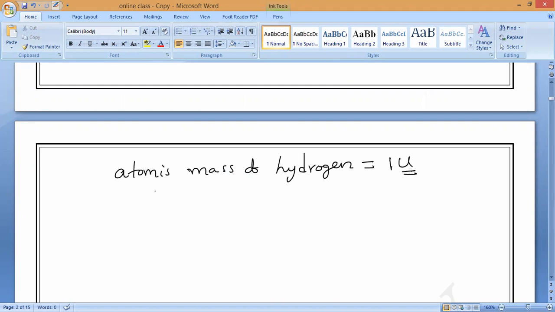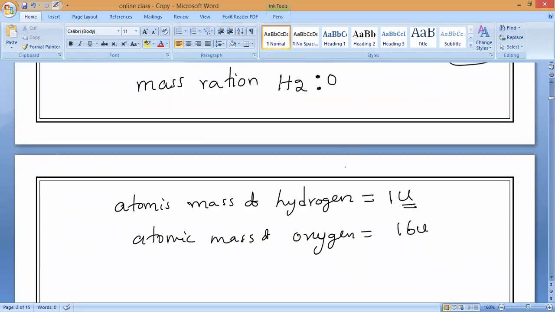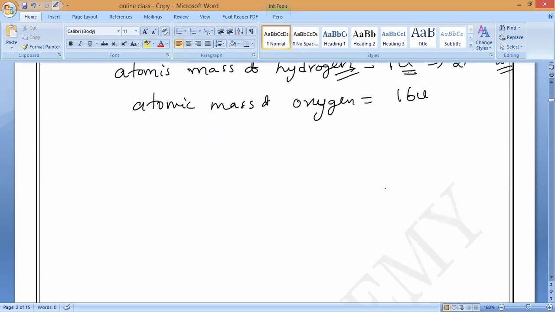Now, in the same way, the atomic mass of oxygen is equal to 16 U. Now, here we have 2 hydrogens, so 2 into 1 U equals 2 U. Will you be able to remember this? Yes, sir.